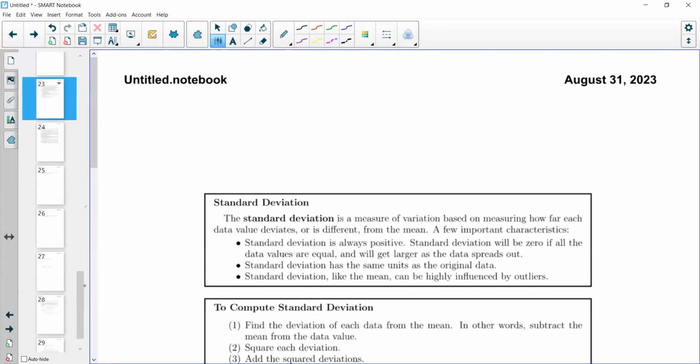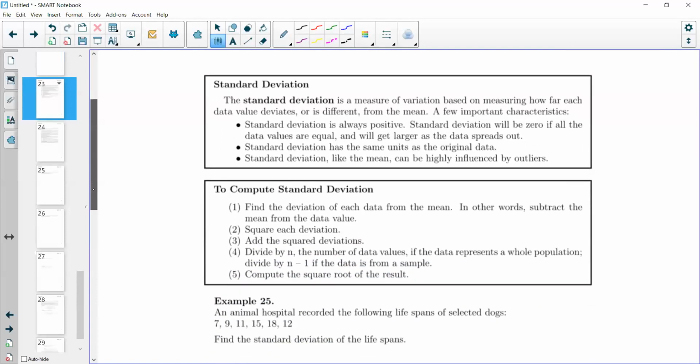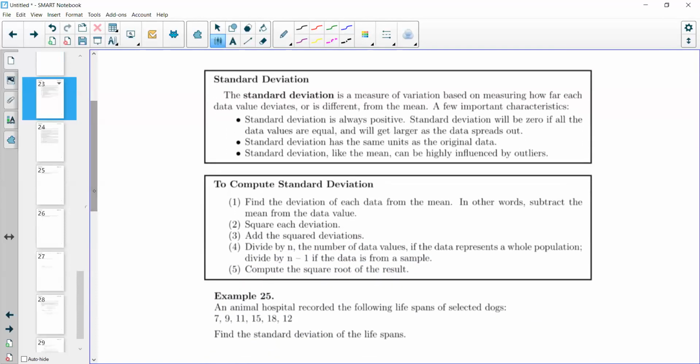Next up is the biggie. Any of you have to take statistics eventually? This is something you'll revisit in statistics. Called the standard deviation. It's a measure of variation based on measuring how far each data value deviates or is different from the mean. Some characteristics.